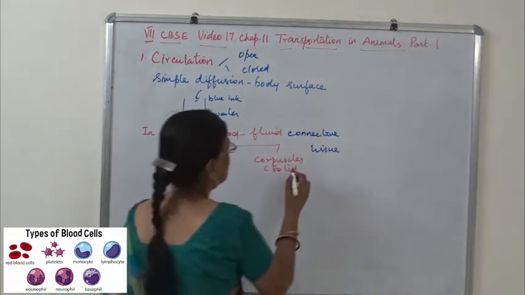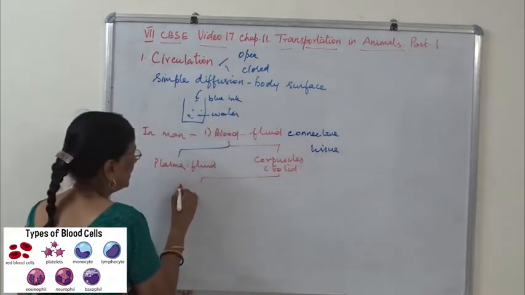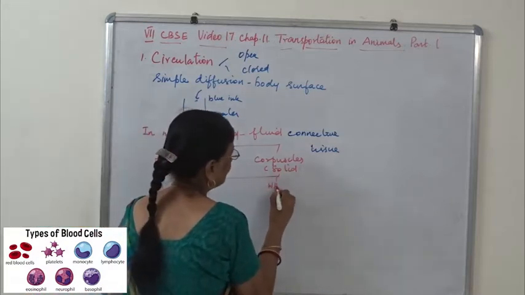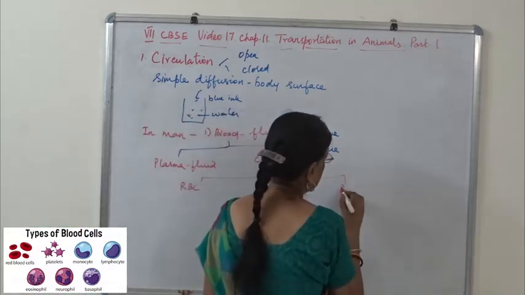Further, it is formed of RBC, WBC and platelets.